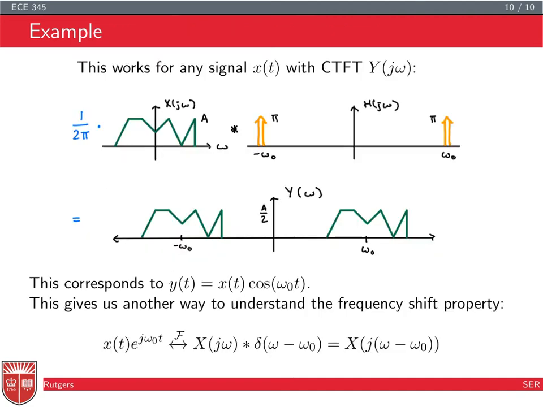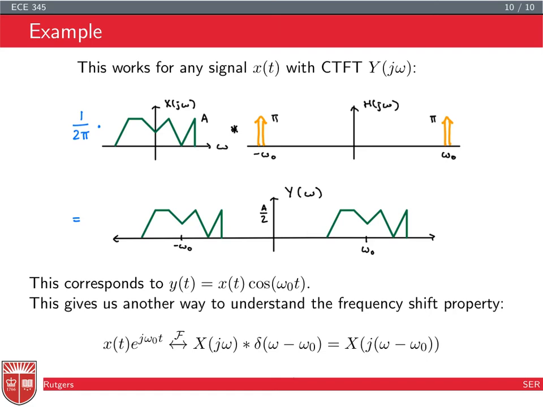Actually, this property works for any signal, or at least for any bandpass signal. Suppose that your signal in the frequency domain looks something like this, and you convolve it with impulses at omega 0 and minus omega 0, where omega 0 is far away so that they don't overlap.